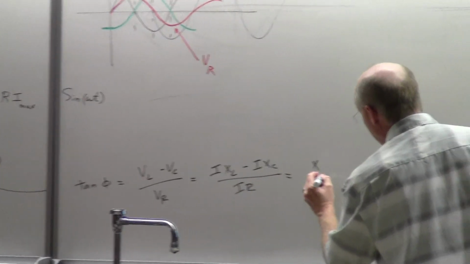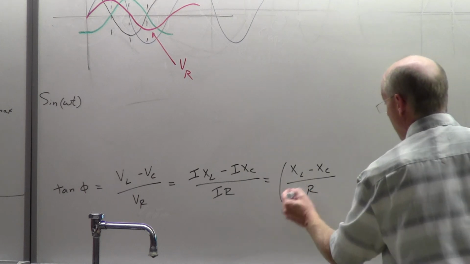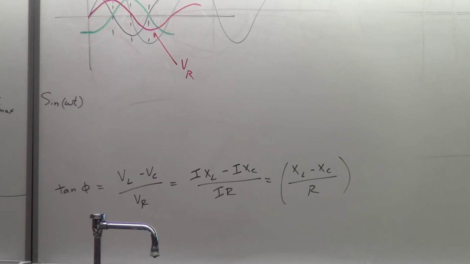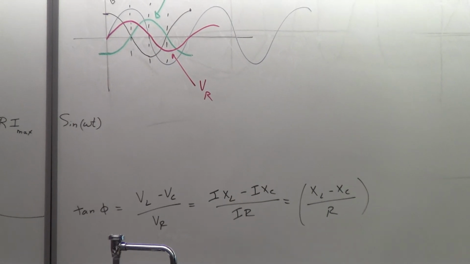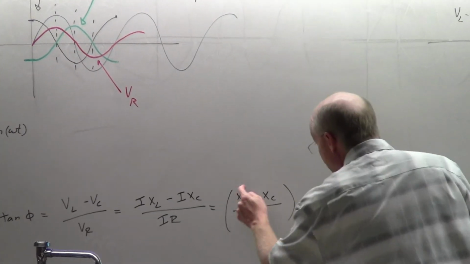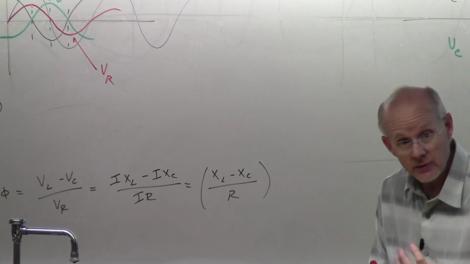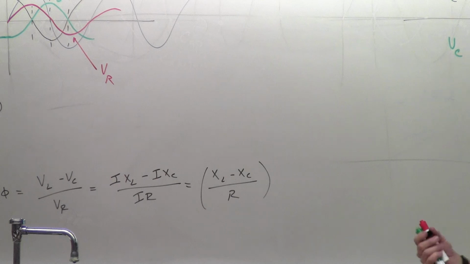And so all the current cancels off. And so the first part of this is the phase. The phase between the current and the voltage is really dependent upon all three factors. How much inductance do you have? How much capacitance do you have? How much resistance do you have? We'll look at the circuit here in a second, but there's the phase.